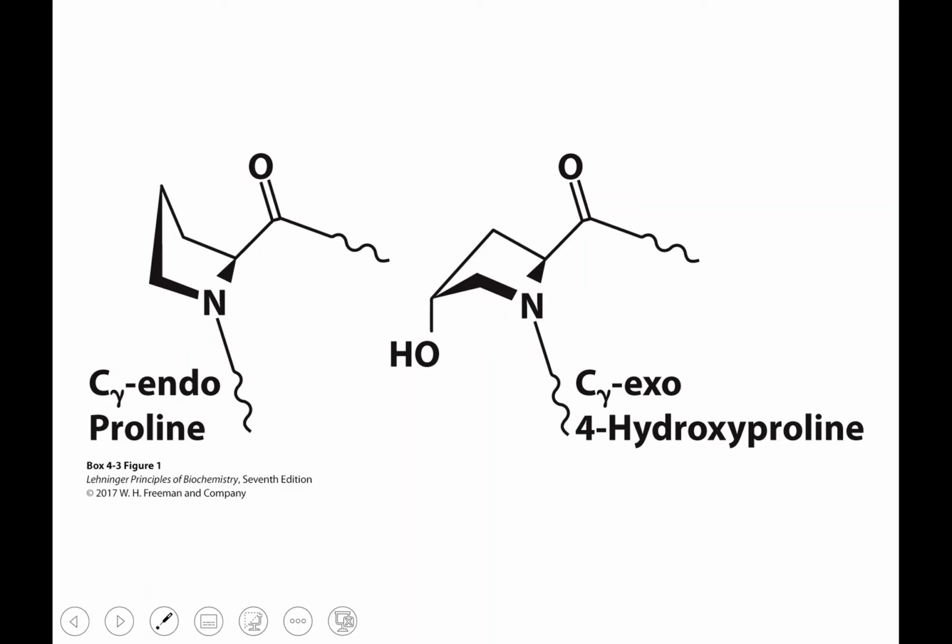Okay. Wouldn't expect you to be able to draw this. Showing you a picture of this, I hope you would be able to associate this with the 4-hydroxyproline, and that being important in the collagen triple helix.